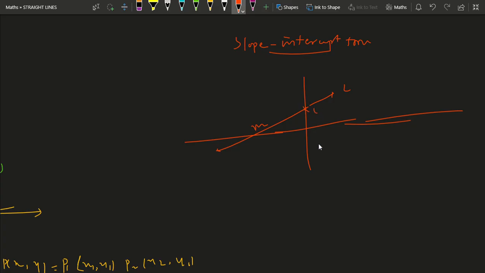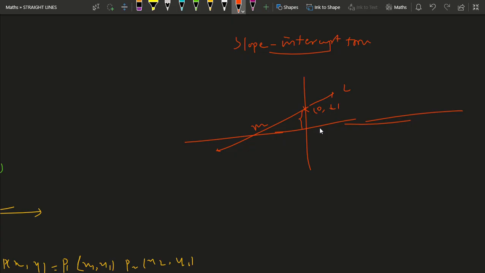On the y-axis, x will be 0. So I am taking this point as 0 comma C. Suppose a line with slope m cuts the y-axis at a distance C from the origin.